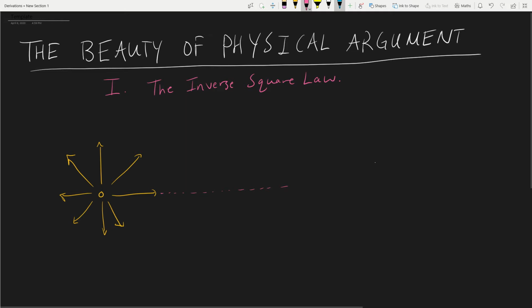So imagine you have a panel at some distance r away from that origin. We'll call it r1, and we will let r1 equal 1 for argument's sake. Well, what if at double the distance I have another panel, and I'll call it R2?